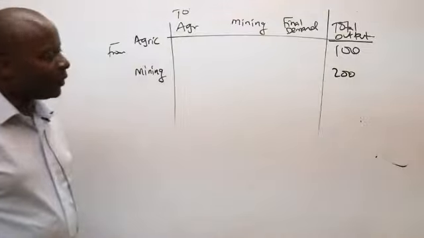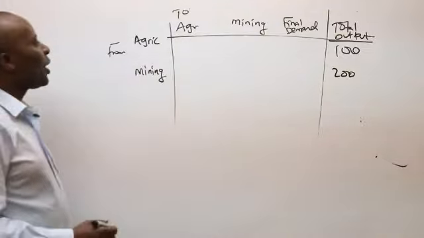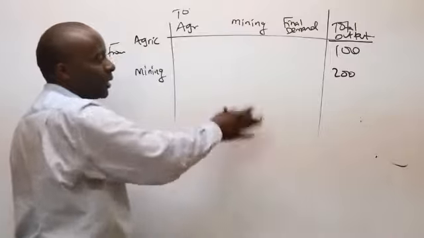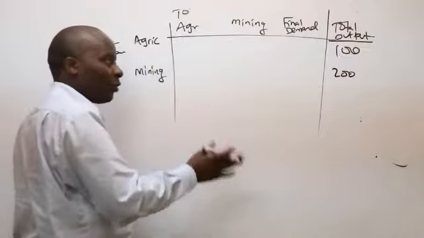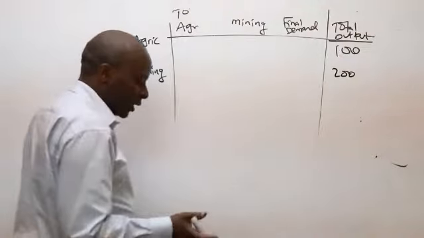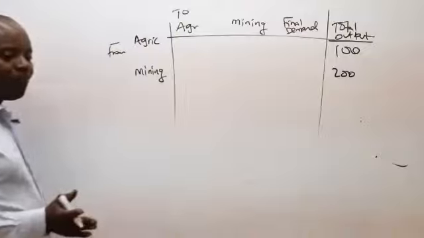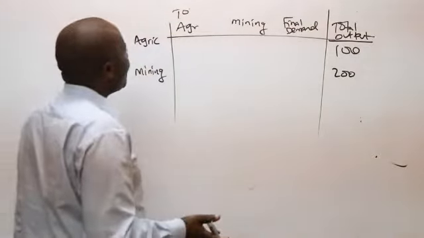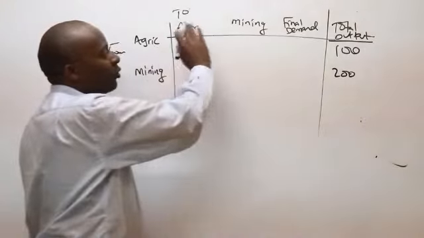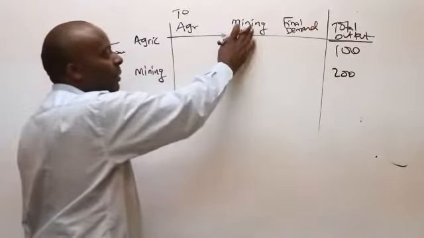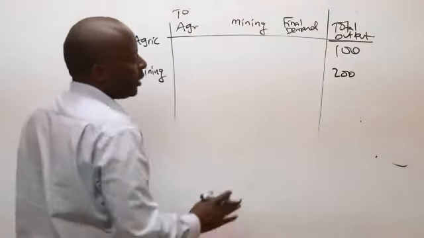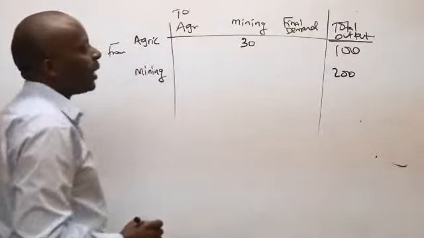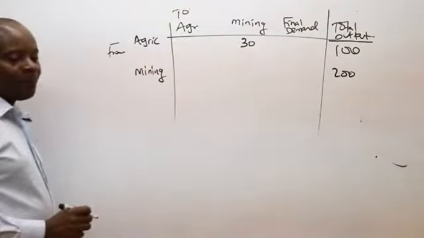Limestone is quite useful. Now from agriculture, in the year, there will of course be quite a lot of transfers between departments. That's very normal. Transfers between sectors. So for example, agriculture could have sold some bags of maize to the people in the mining industry, perhaps 30 kilograms to the mining sector.